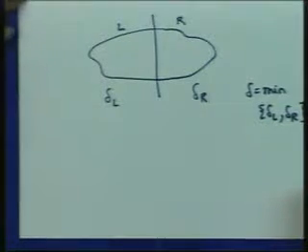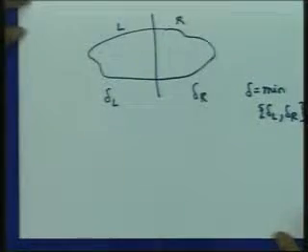Now I need to find the closest pair, and I know that if at all there are candidates for the closest pair, one point has to be on the left and one on the right. Any candidate pair has to be of this form. They can't both be on the left or both on the right. One of them has to be on the left and one of them has to be on the right. What else can we say?